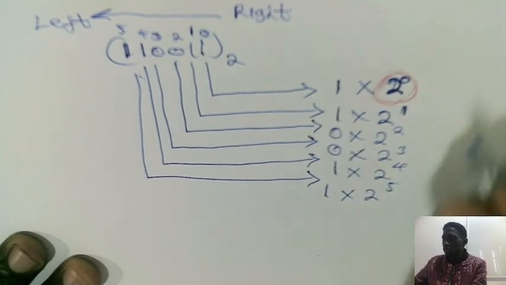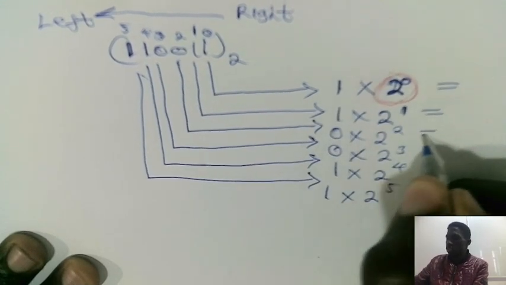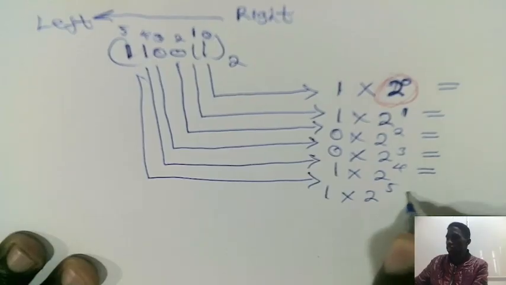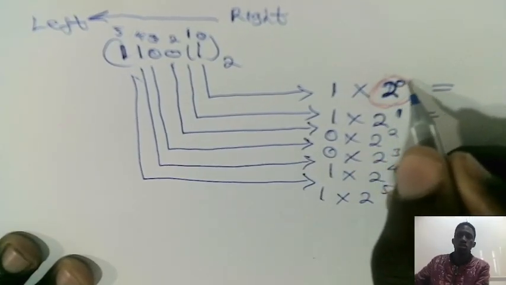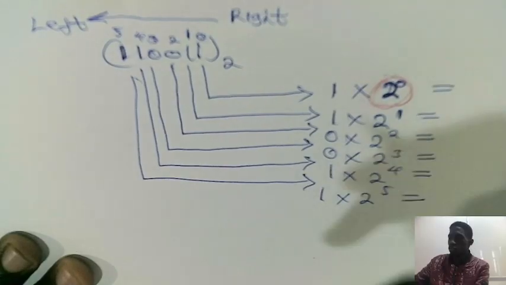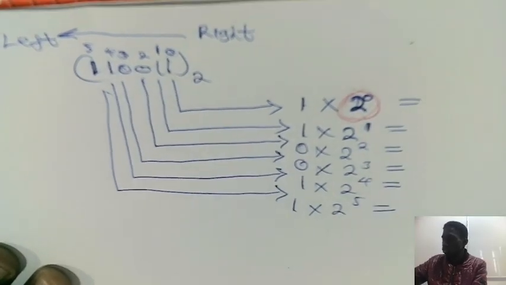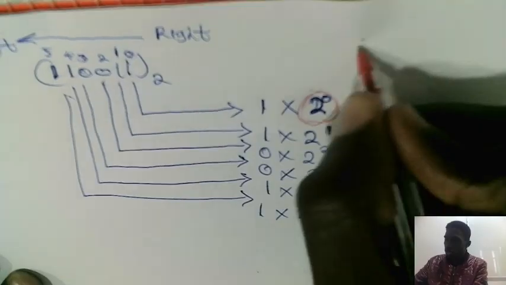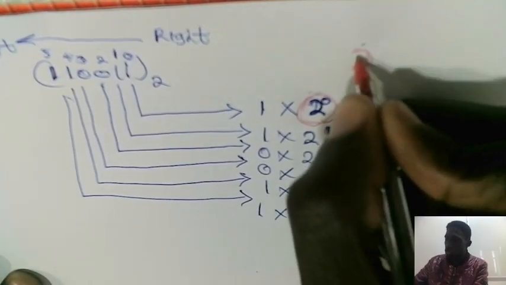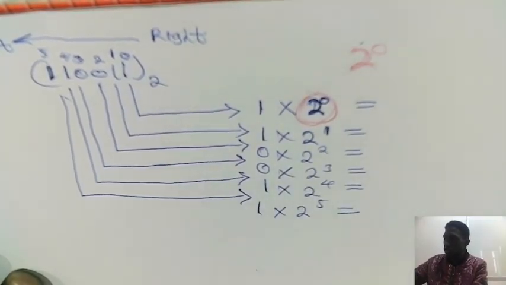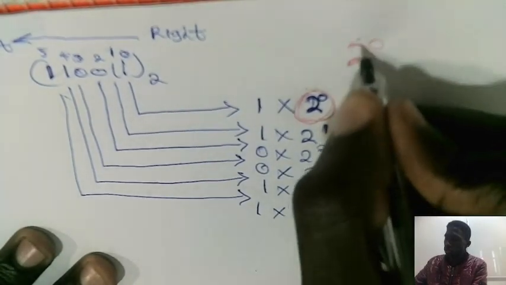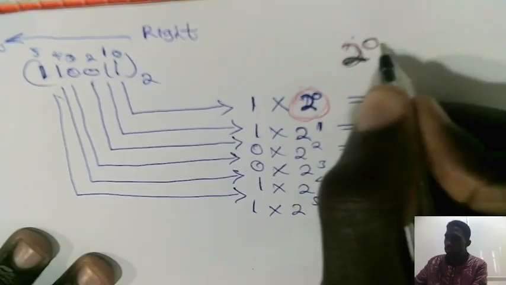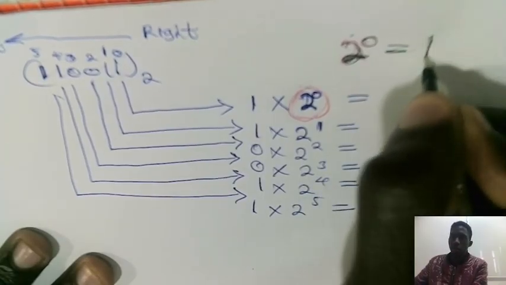So the next step is to evaluate each of these expressions. What is 1 times 2 to the power 0? You've got to take note that 2 to the power 0 is always 1. It's very important to note that when you've got 2 to the power 0, you get 1, because any number to the power of 0 is 1.